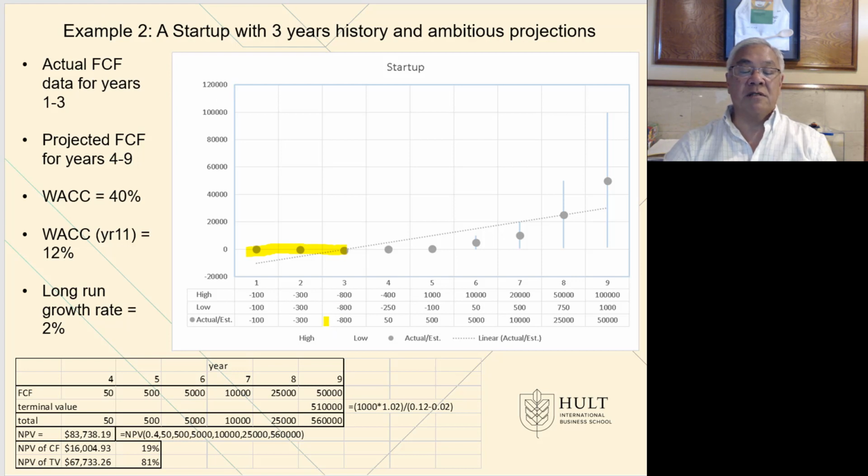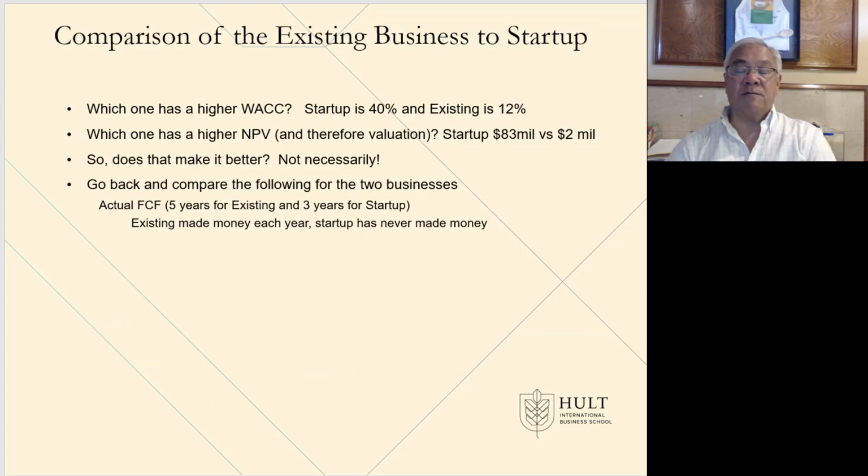So the 3 years of actuals are all negative. So that's not very promising. So when we make this very simple first observation, well, the existing one has made money every year, even though the growth is relatively small, versus a startup, which has never made money. Oops, never is not a good thing.